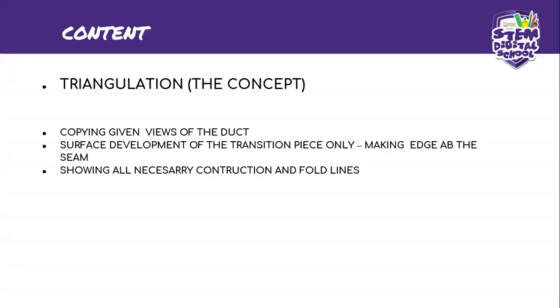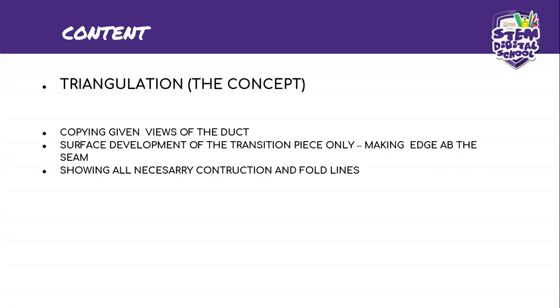Like I said, we are going to look at triangulation, right, which is mainly applicable to the concept of transition pieces. Right, I'm going to illustrate those transition pieces and how we end up having those transition pieces. What we are going to do, we are going to copy the given views, right?